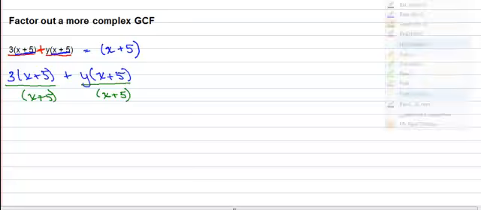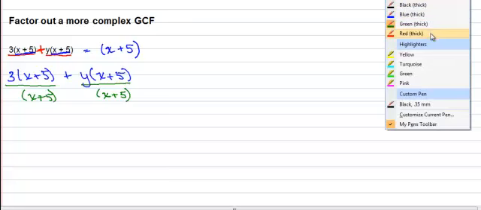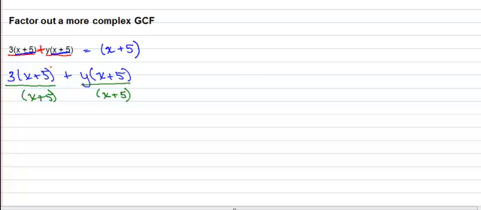And when we do that, what's left we put in the second parentheses, just like our regular GCFs. And that's how we can factor out something that's a little bit more complex.